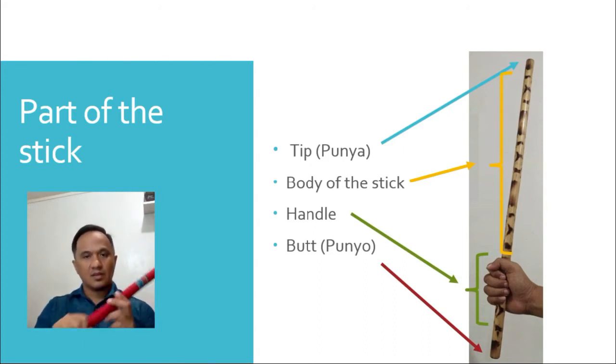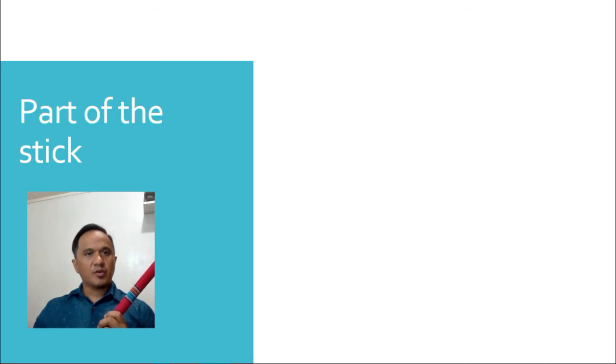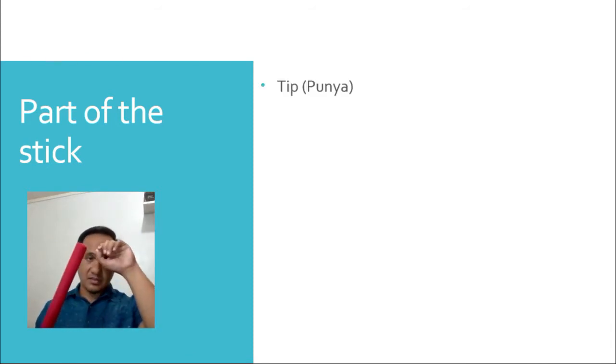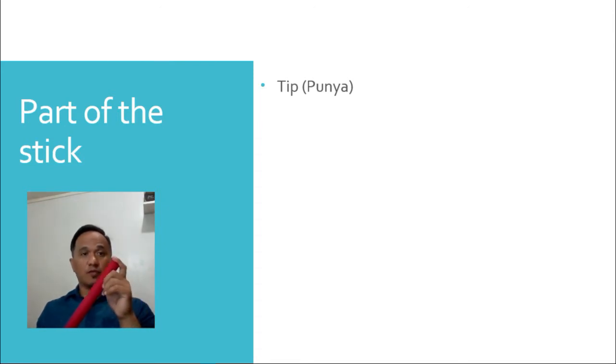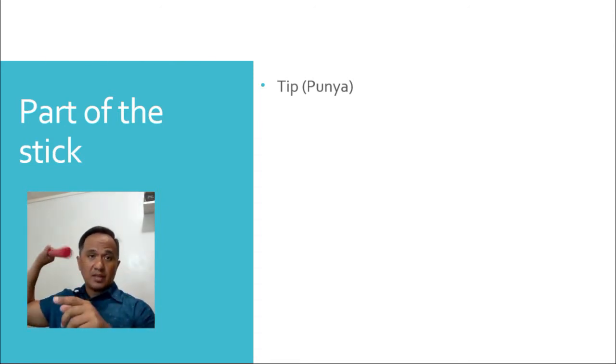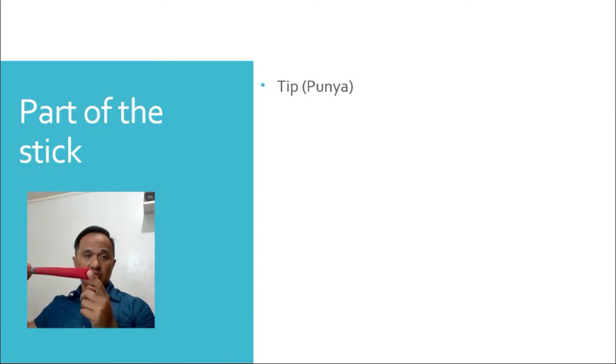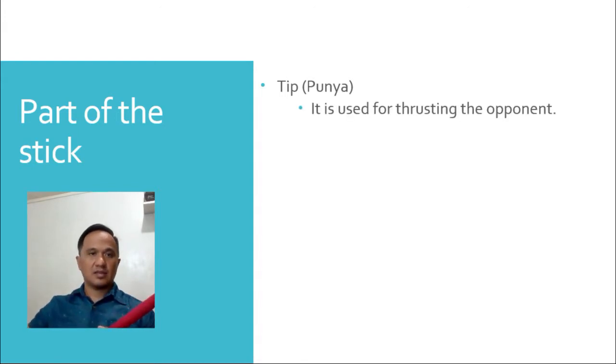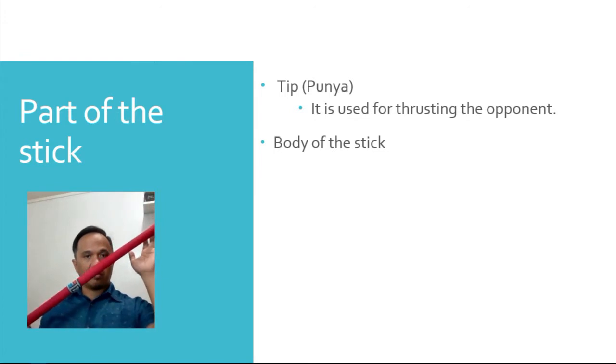So, ano yung purpose ng tip ng stick? Ginagamit ito sa thrusting, sa pagtusok ng stick sa opponent natin. Next is the body of the stick, ito yung mahabang part na to.